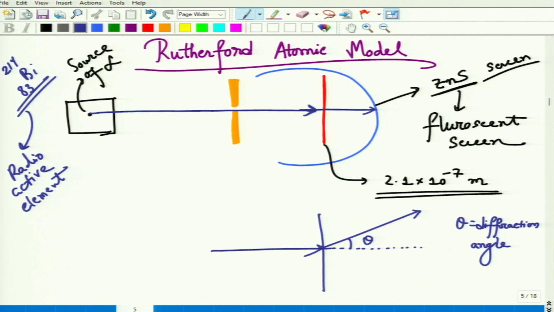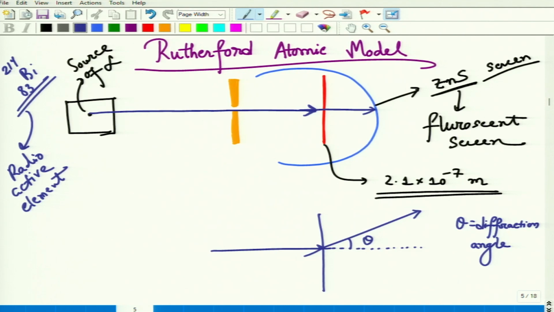So in most cases, for most of the particles, the deflection angle was 0 degrees. That means it follows its previous trajectory after penetrating the gold foil. A very small amount of particles is deflecting with very small theta.